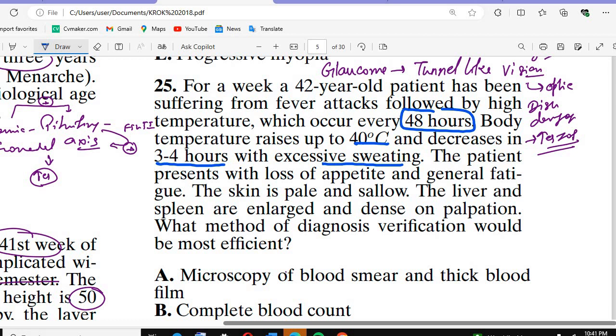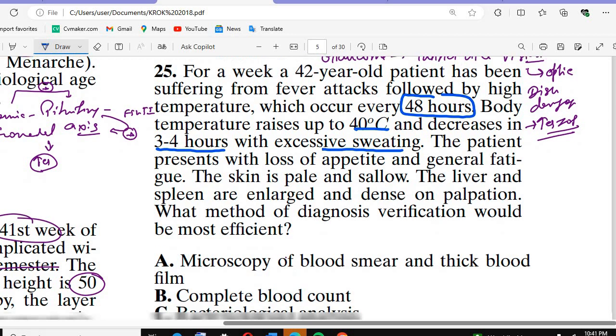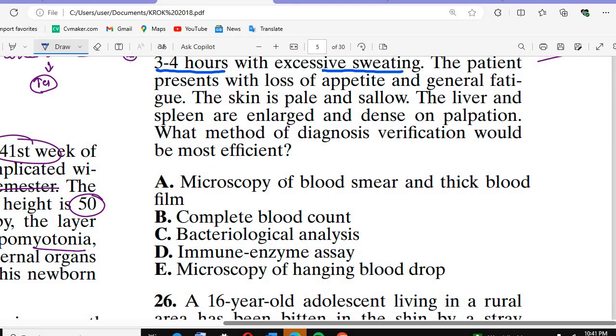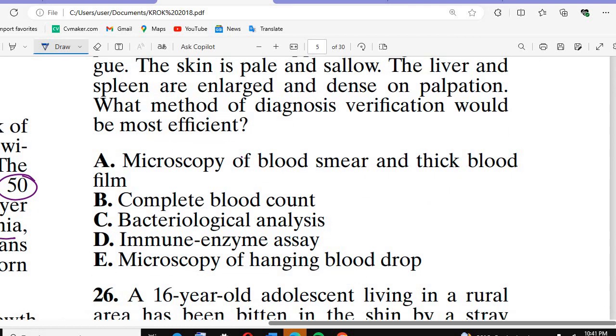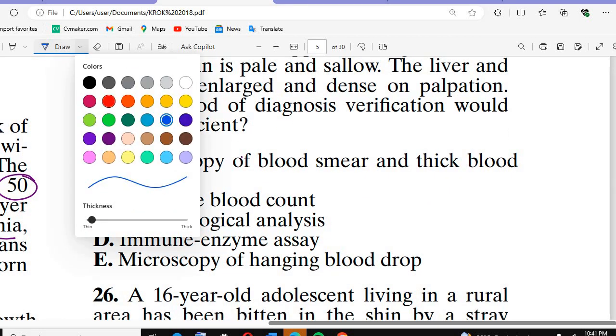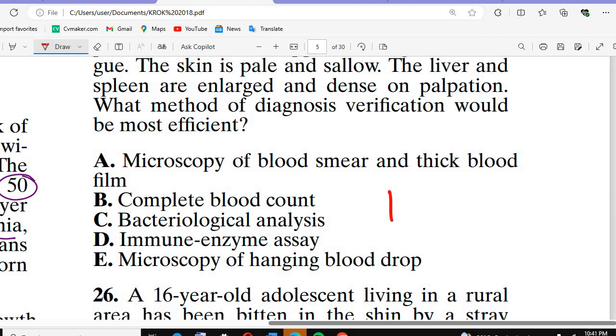So what method of diagnosis verification would be most efficient? Always remember, in the case of malaria, for the diagnosis we take a stain, which we call the Jaswant Bhattacharya stain, and in that we take a smear.